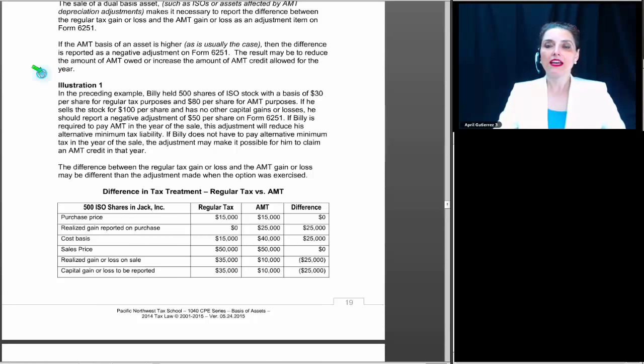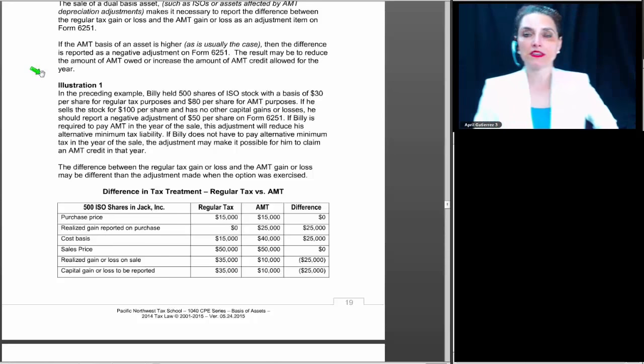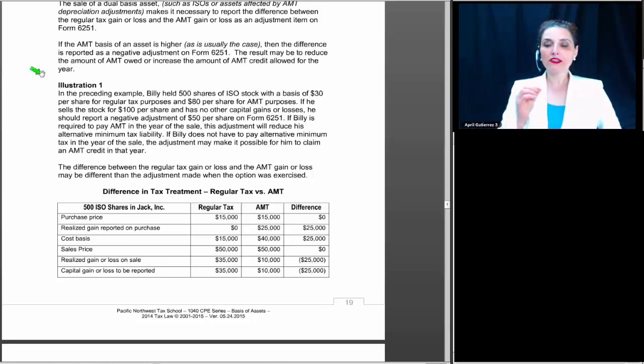Now, in the year that an AMT adjustment is made, so that additional money is included in income with respect to the purchase of an ISO or with respect to a disallowance of a certain amount of depreciation on a depreciable asset, you're also going to have an adjustment on 6251.